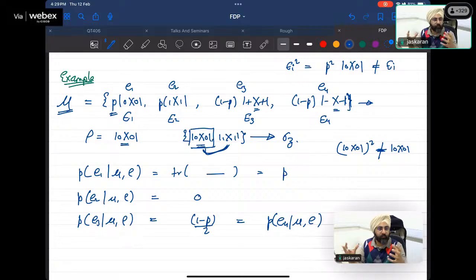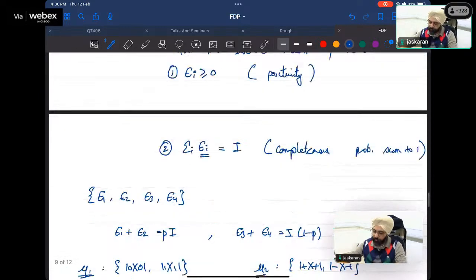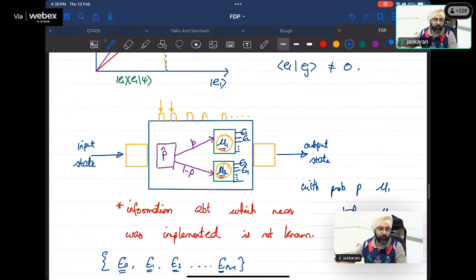All those can be implemented using positive operator valued measures by modeling how these measurements are happening. So this particular black box that I have shown you here, which was implementing mu1 and mu2, is just one model. There are many other models which can explain the same thing.